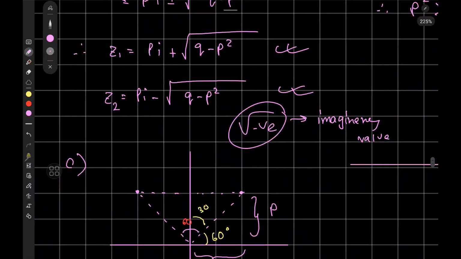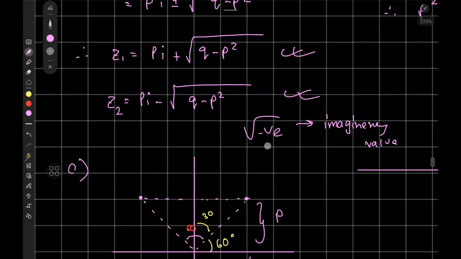Why? Because if q minus p square is negative, this is going to give you another, let's say, xi or bi, pi plus bi. B is unknown, I'm just giving an arbitrary value. So you're getting another imaginary value.